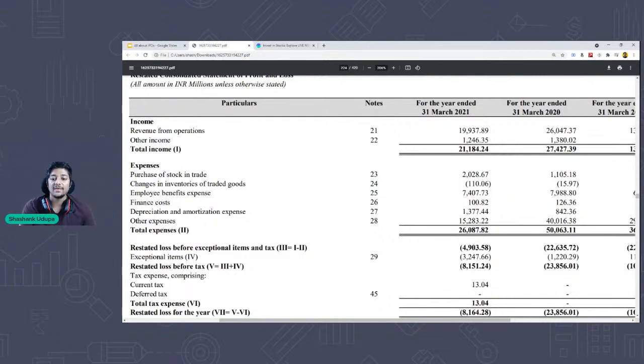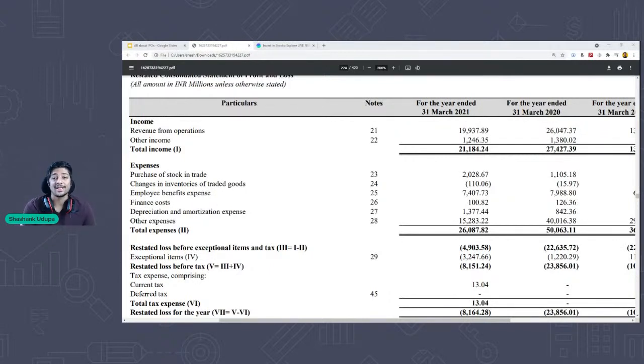So apparently 1,500 crores is in other expenses, 740 crores is in employee benefit expense, and 200 crores is purchase of stock in trade. So here you try to read how big is the revenue, how big are the expenses, and if they have to become a profitable company in the future, how they have to remove a lot of expenses or how they have to increase their income a lot.